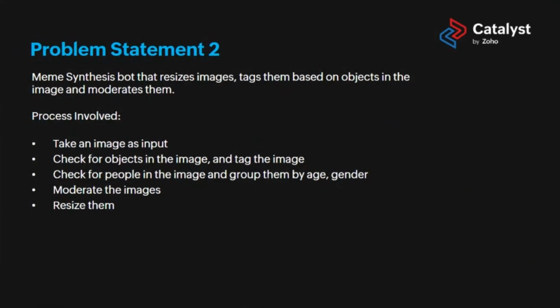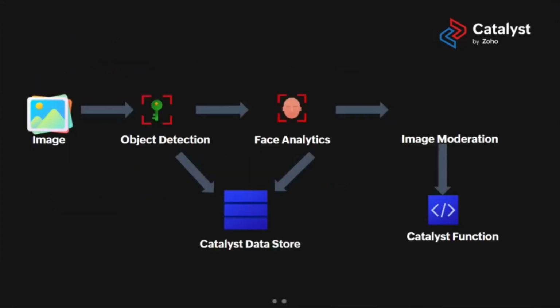Then we perform face recognition using the Zia Suite to say how many groups of people are there in a certain age or how many people in a certain gender. We use our face analytics API. Then we use our image moderation API to see if it's fit for a forum. Then we resize the image and we're done. So this is the process that we would follow to build the meme synthesis bot.